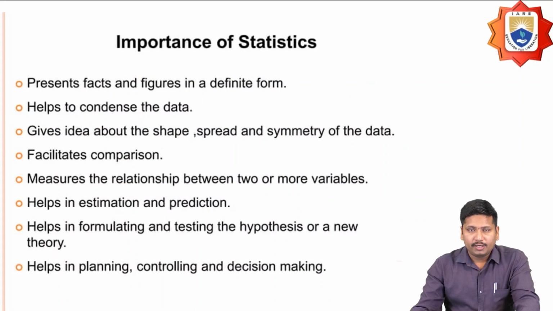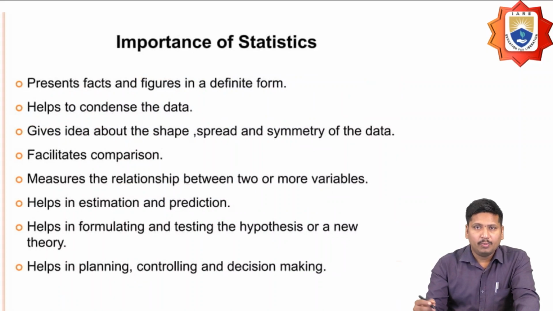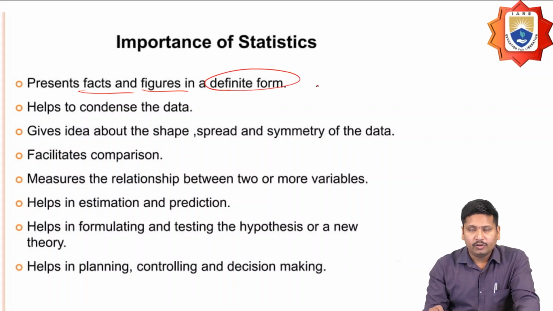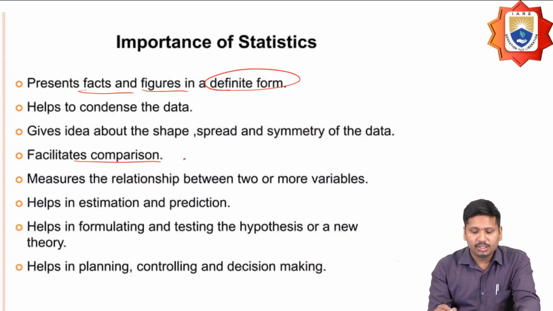When it comes to the importance of statistics, statistics is able to present facts and figures in definite form, and it helps to condense the data. It also gives a brief idea about the shape, spread and symmetry of the data, and it facilitates comparison and establishes the relationship between two or more variables, how one variable is dependent or independent of another variable.